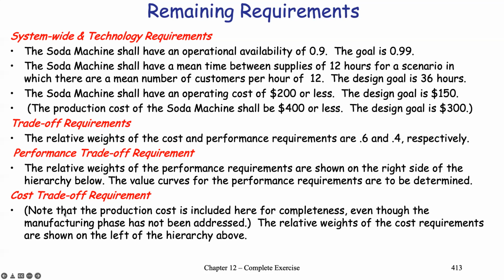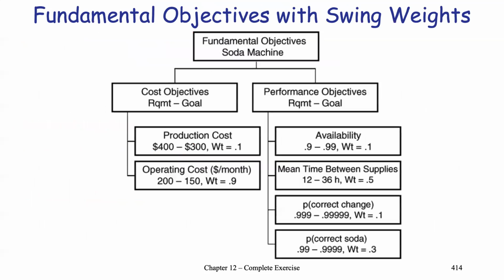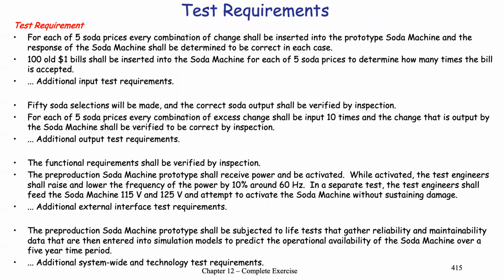The relative weights of cost requirements are also available in the textbook. We're showing it on this slide to give you an idea of both cost and performance, and some of those weighting schemes that would be helpful as you go through the design and operations.